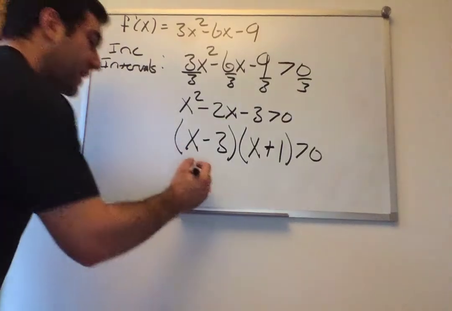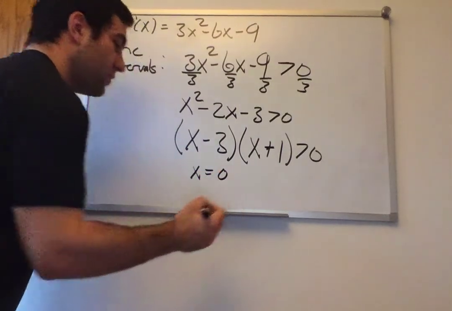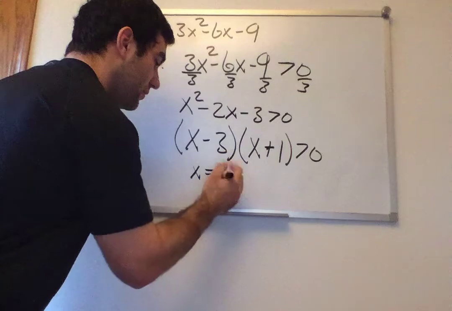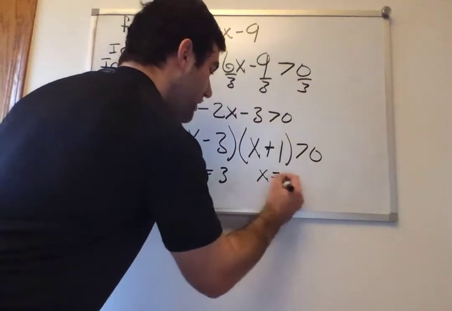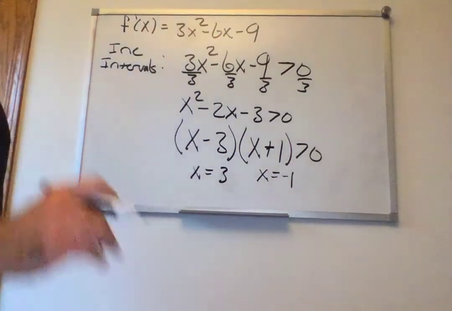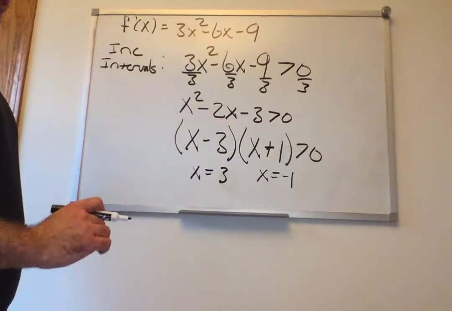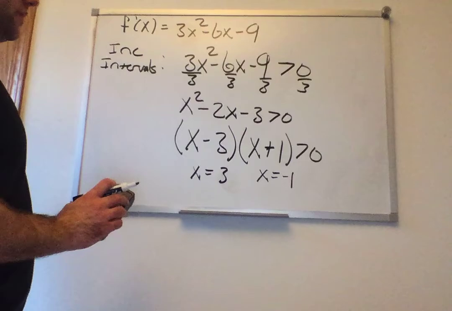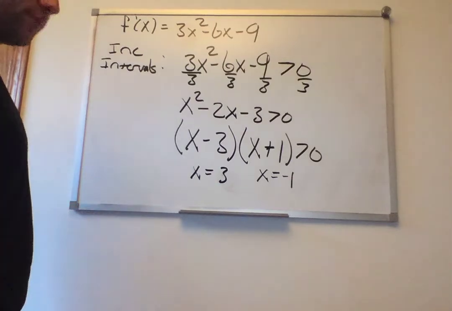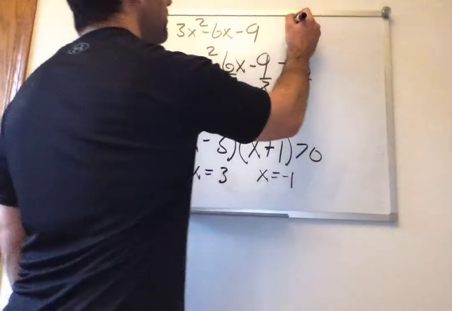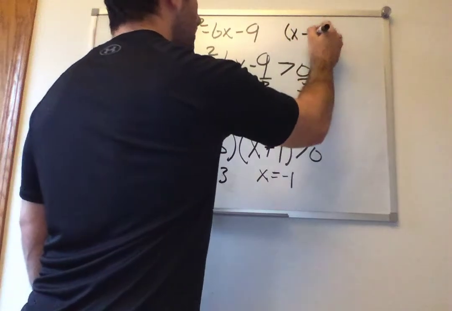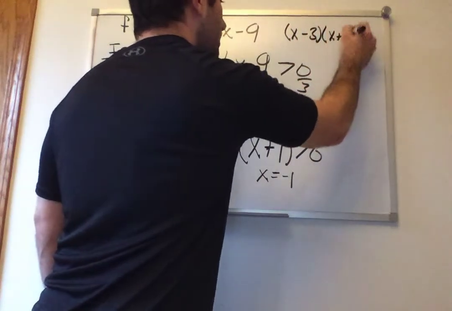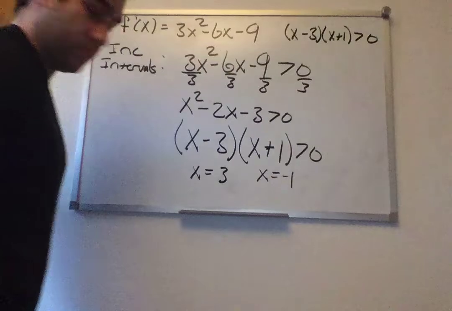Okay, so we could see that x must equal 3 here, and x must equal -1 there. Okay? So if you remember how to solve these type of problems, I'll write it over here. X minus 3 times x plus 1 greater than 0.